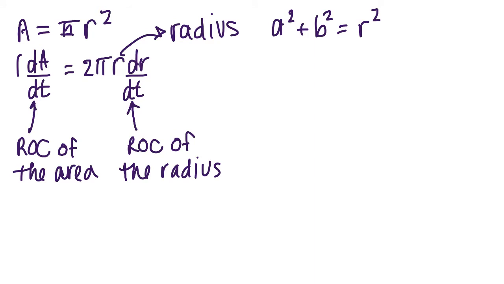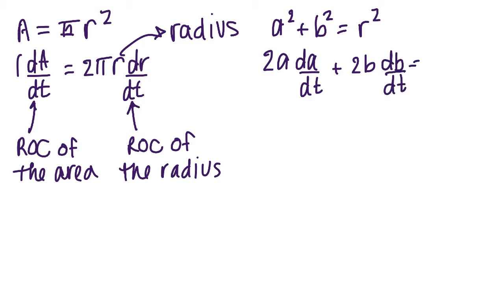So if I do the derivative of this with respect to time, we would have 2a dA over dt plus 2b dB over dt equals, and the same over here, 2r dr over dt. And you can simplify, since each term has a 2 in it, you could divide that 2 out of each part.